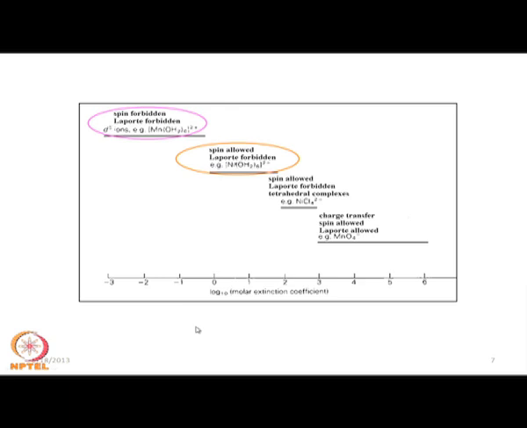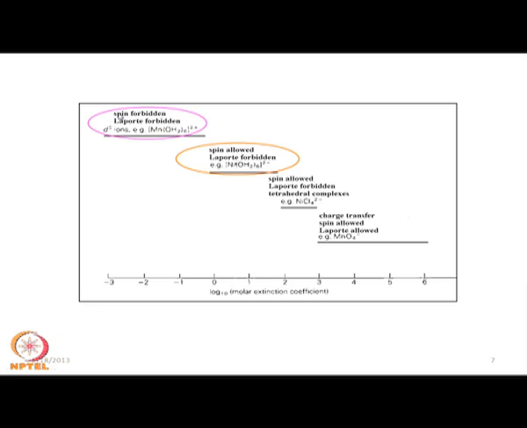Now we see what type of transitions and what transition probability can be inferred from the different types of transitions. We have taken four exact examples, and these examples tell us that there are two rules.